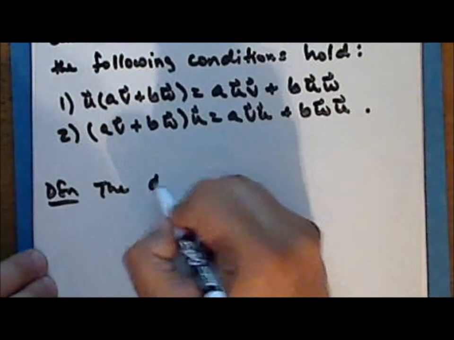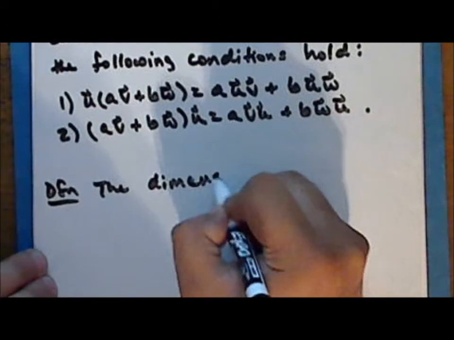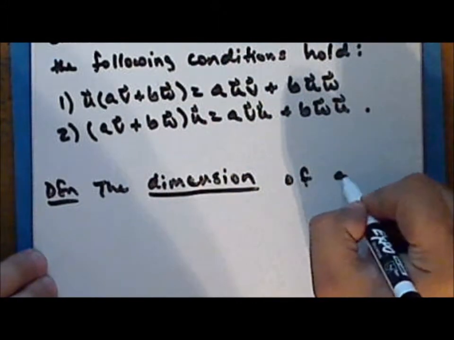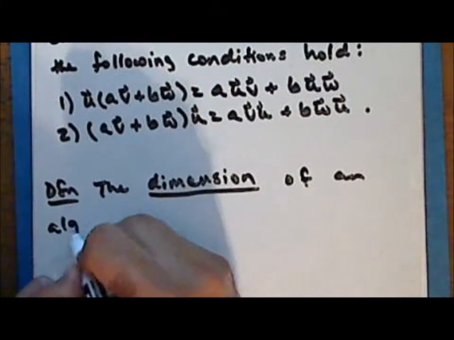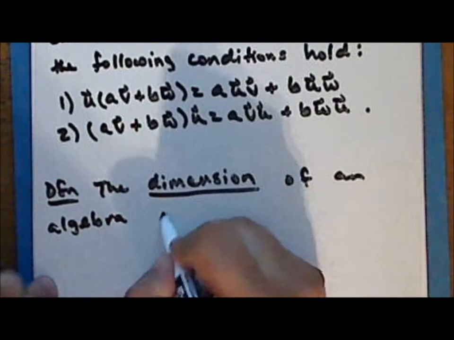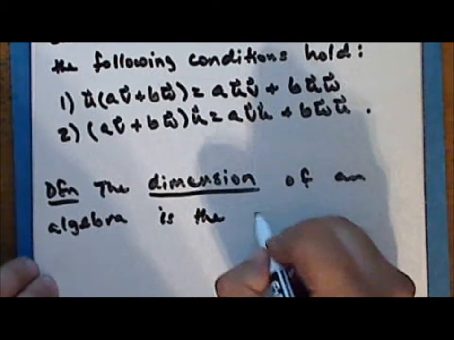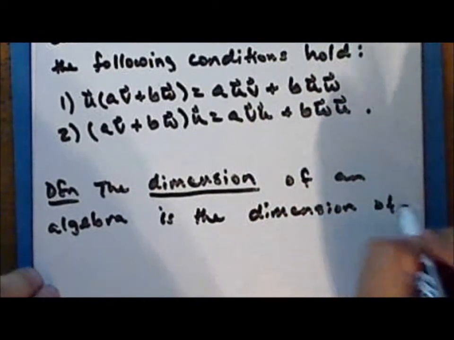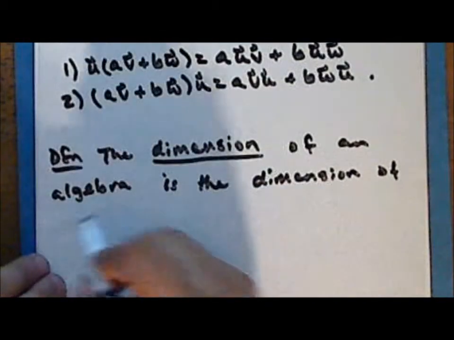The dimension of an algebra is the dimension of the underlying vector space.